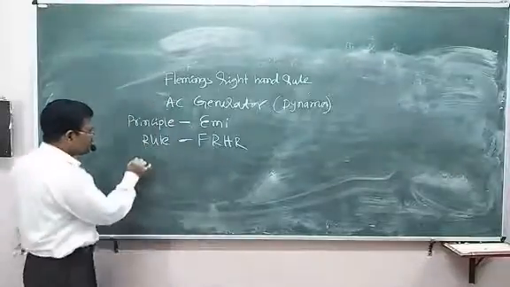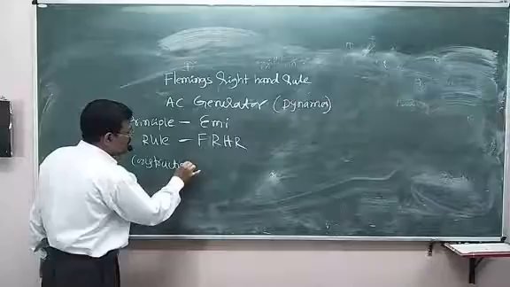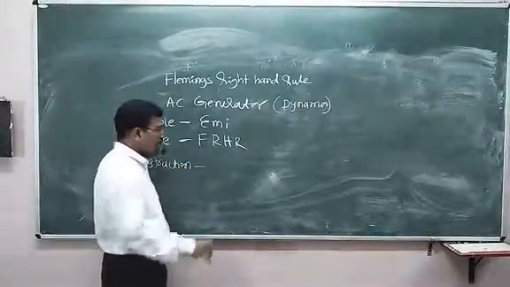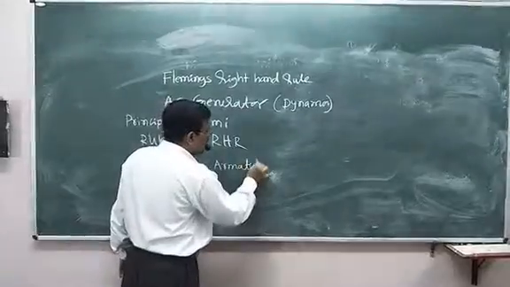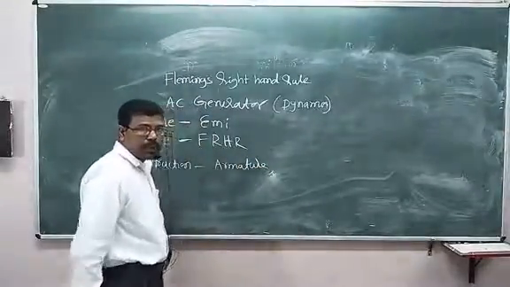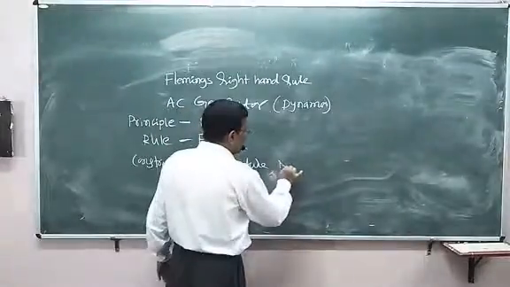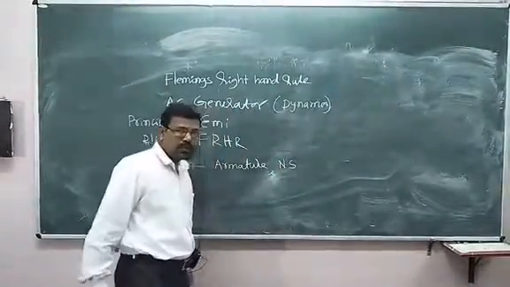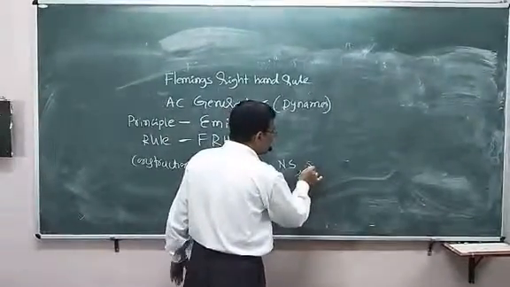What is the construction of the AC generator? It contains an armature. It contains two pole pieces of a magnet, the N and S poles. It contains two slip rings.